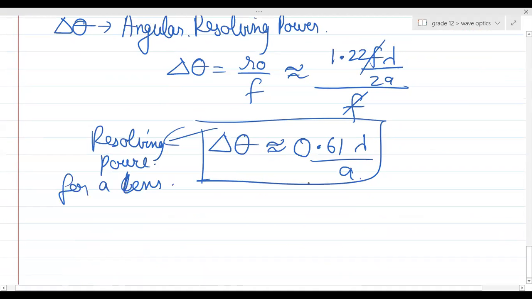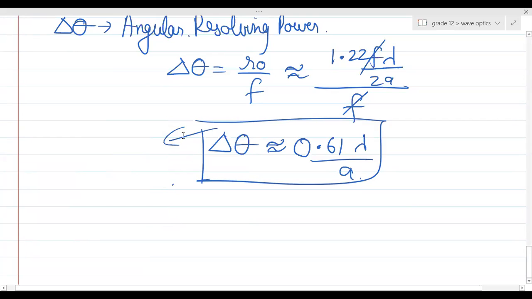Guys, please remember this delta theta is not directly the resolving power. You can relate it with resolving power like this.